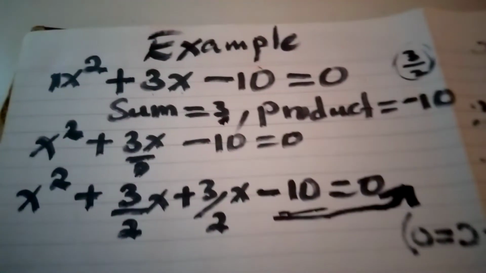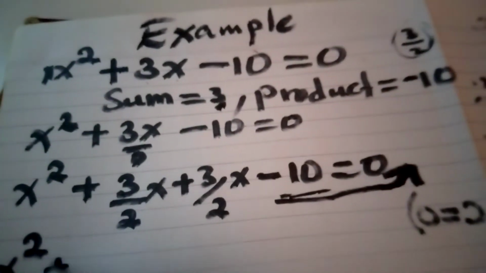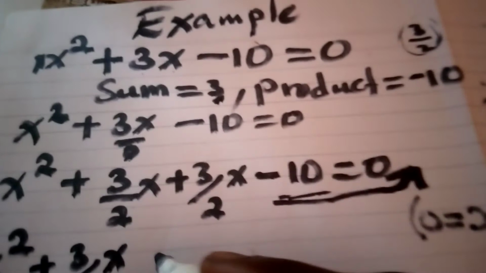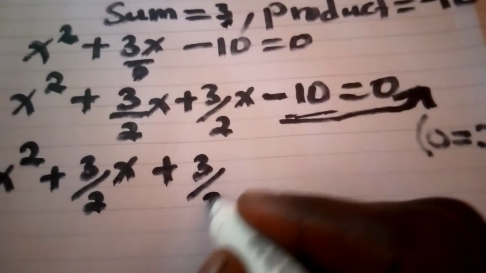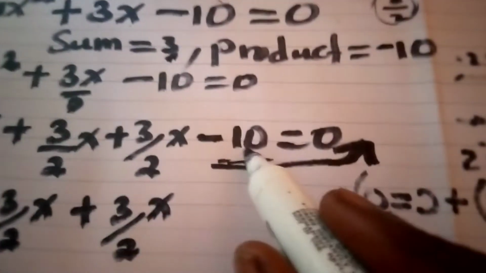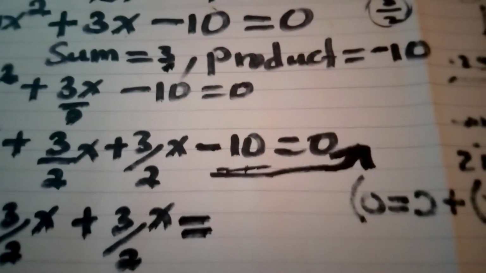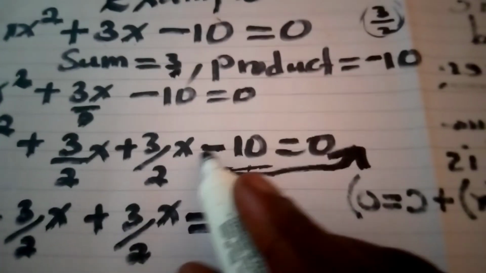So when you move it, we shall have x squared plus 3 out of 2x, then plus 3 out of 2x. Take 10 to the right hand side of the equation, which means we shall have it equal to 0. This is a minus.